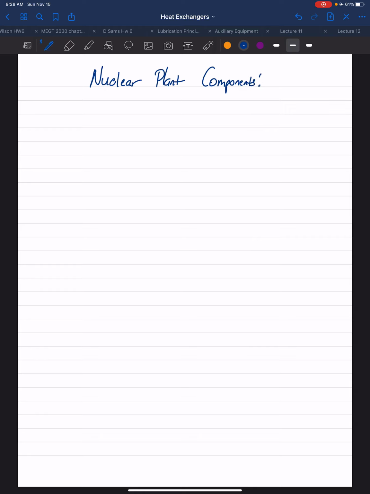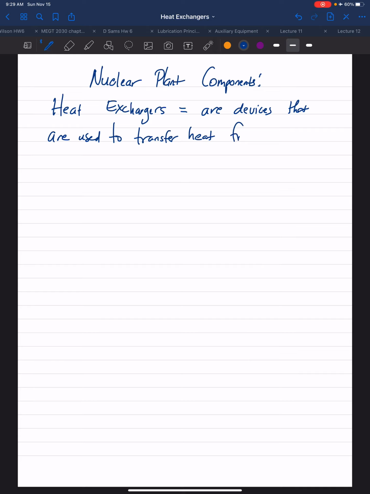And today we're going to begin our discussion on heat exchangers. So heat exchangers are devices that are used to transfer heat from one fluid to another fluid.